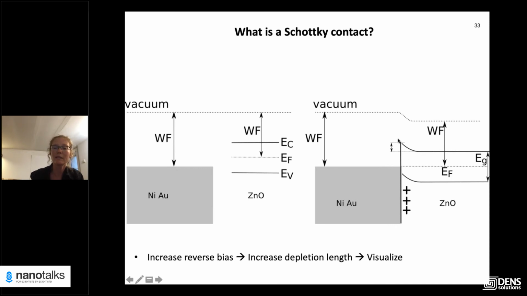And this forces then the conduction and valence bands to bend up or down at this interface, and therefore you create this region next to the interface that is void of any mobile charges. So this is the depletion region. Then if you increase reverse bias, you increase this depleted region where you only have fixed charges. And this is basically what we want to visualize in the study using electron holography.